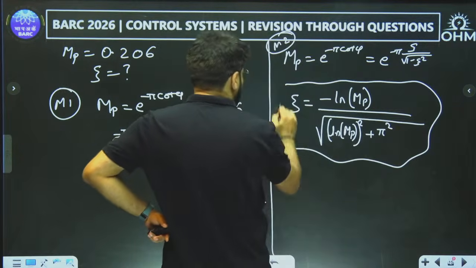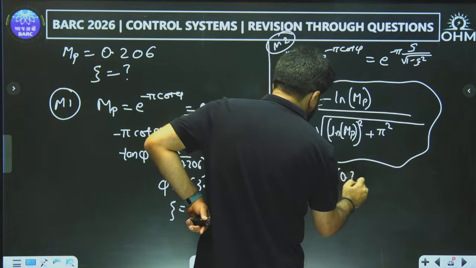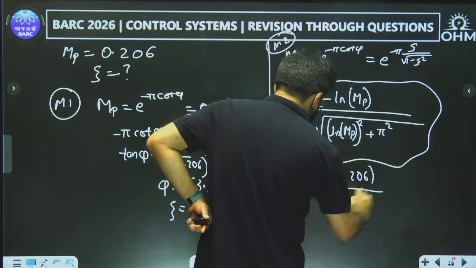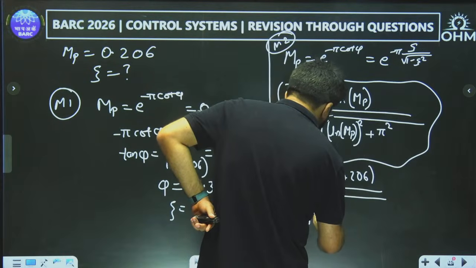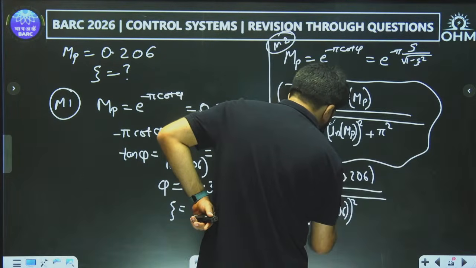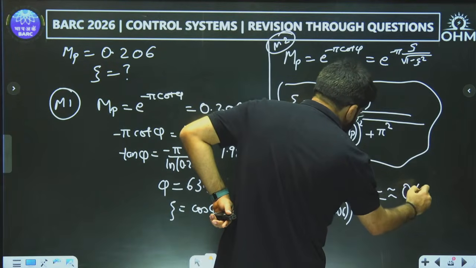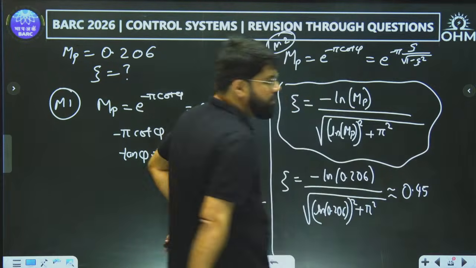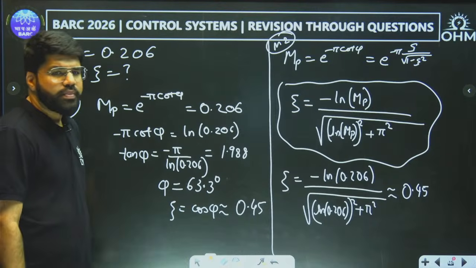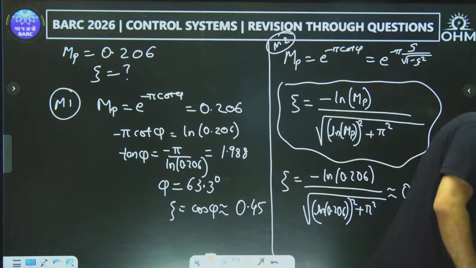You just have to fit in the value of the overshoot obtained, 0.206, divided by under root ln 0.206 whole square plus pi square. You solve this, and the answer, approximately 0.45, will come up.